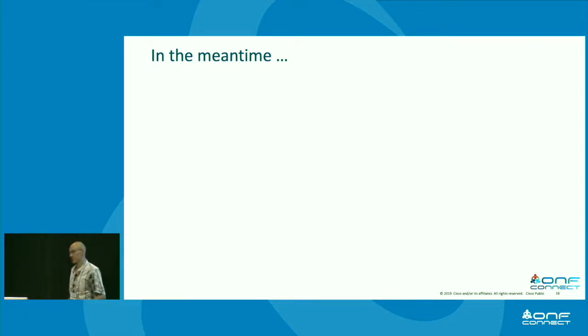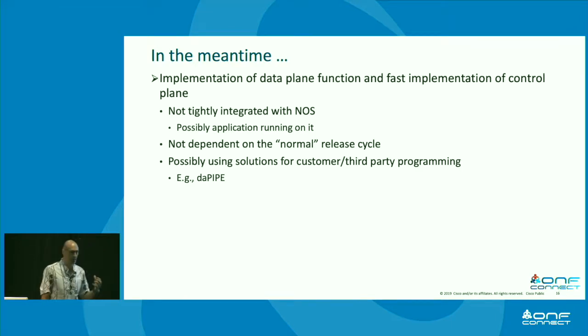Now, all of those changes will require time, will require effort. But in the meantime, we can already take immediate advantage of having a P4 programmable ASIC by developing data plane functions and then controlling them in a way that is independent of the software stack that's on top.